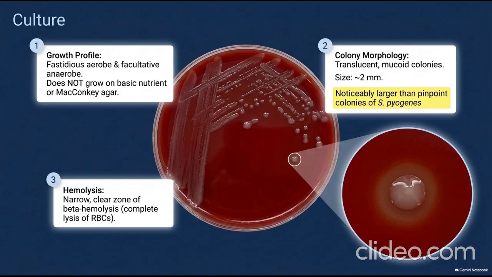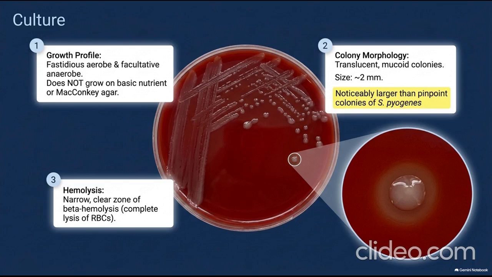Definitive biochemical identification. This section is pure gold for medical board exams. How do we definitively identify Streptococcus agalactiae and differentiate it from other gram-positive cocci? First, GBS is catalase negative. If you drop hydrogen peroxide on a colony, there are no bubbles, which immediately rules out catalase-positive Staphylococci.